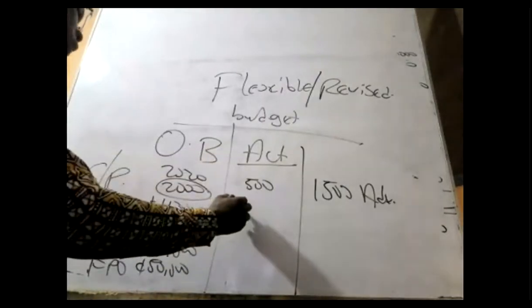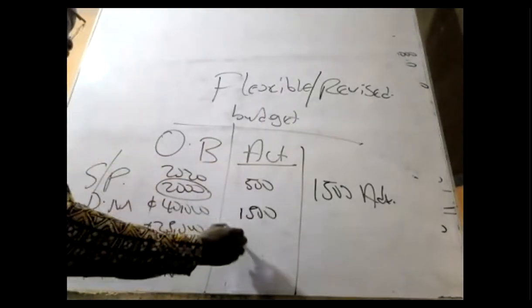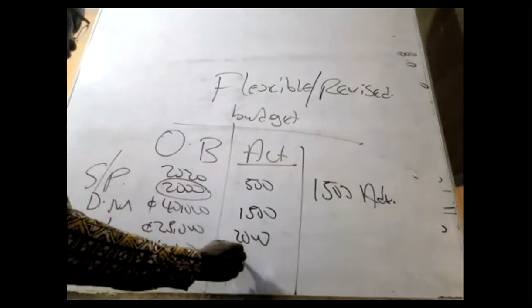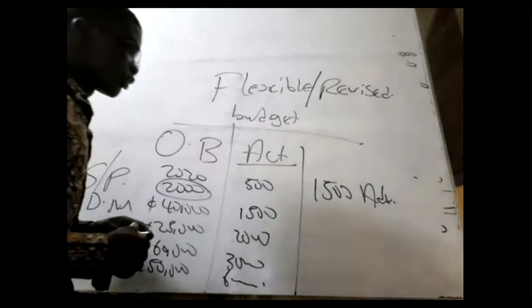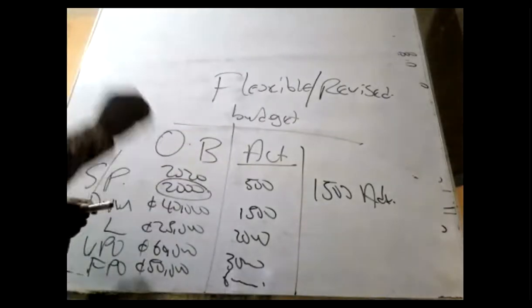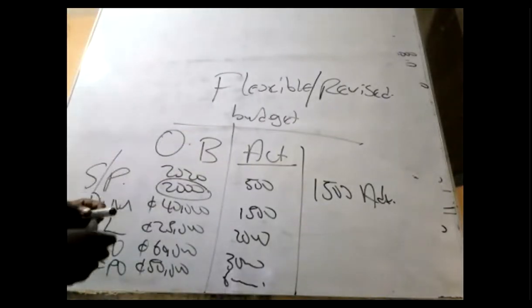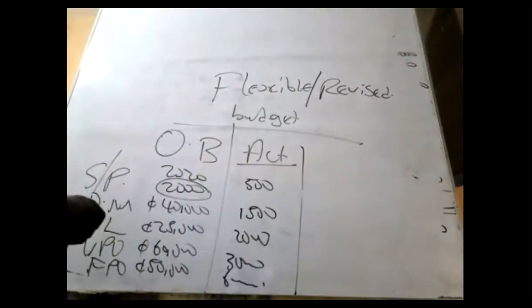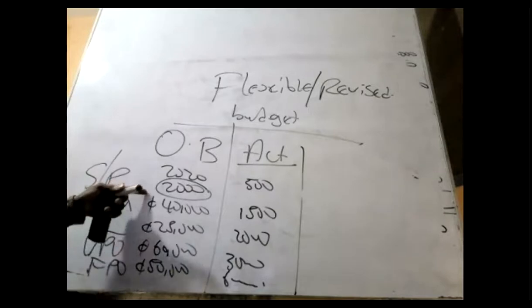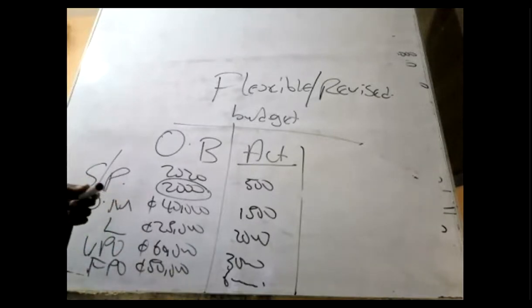Let us know this one is 1,500, 2,000, 3,000, and 6,000. So rule 1, we only flex what? The variable cost. If I'm putting a flexible budget here, I'll tell the examiner this is at 2,000, right? So let's prepare at 500.